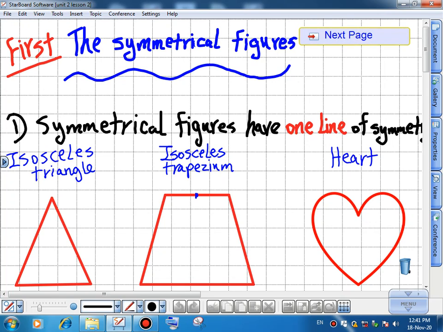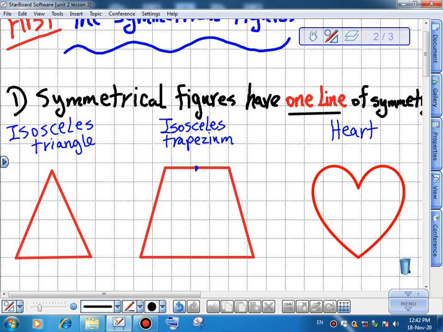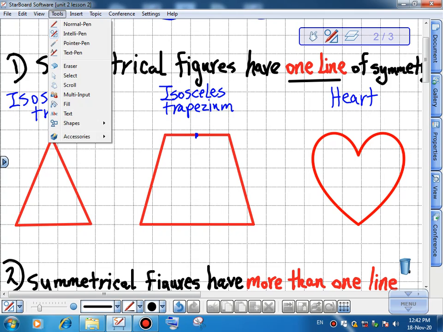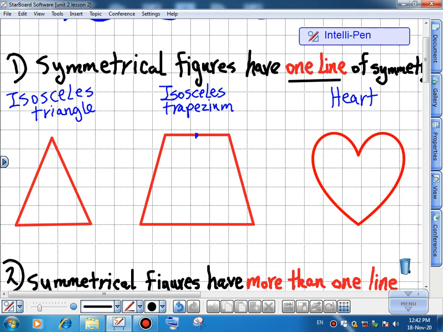The first type of symmetrical figures are those that have only one line of symmetry. Like the first one, the isosceles triangle. If I need to make a line of symmetry, I will do this line. There will be only one line of symmetry. If I do this line, it will not be symmetrical because this part is not equal to this part.